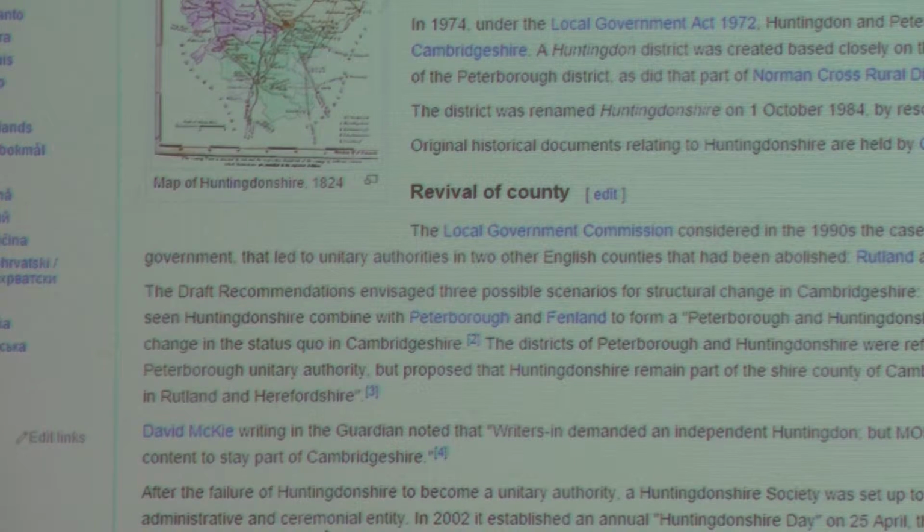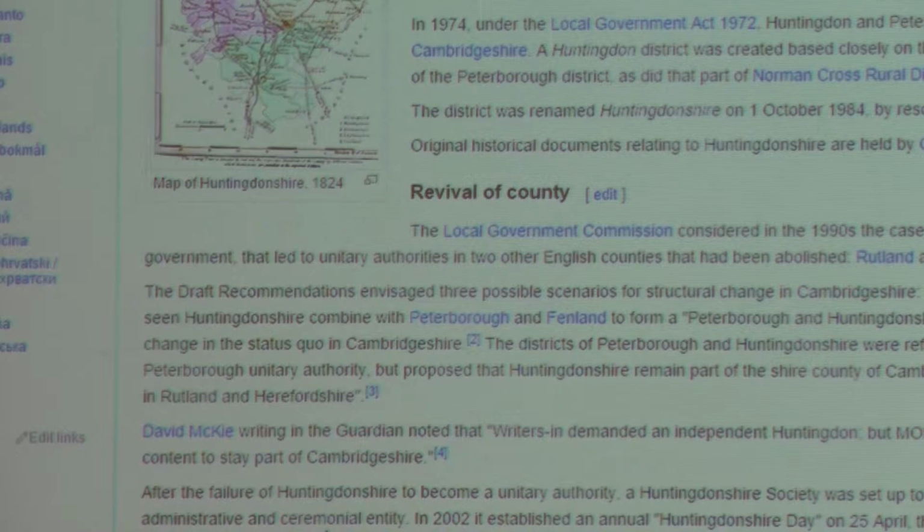And the reason for this was that in 1972, Huntingdonshire and Peterborough merged with Cambridgeshire. Okay, so what they're saying is that Huntingdonshire disappeared.